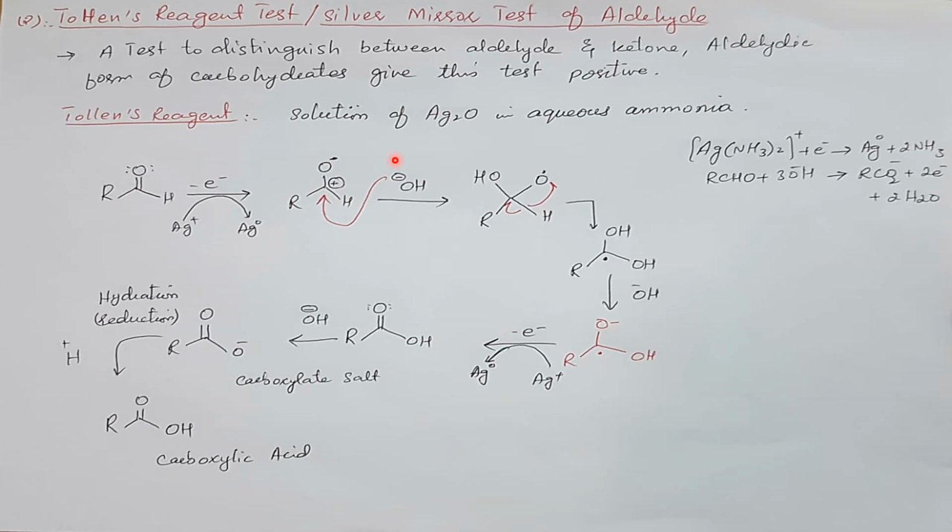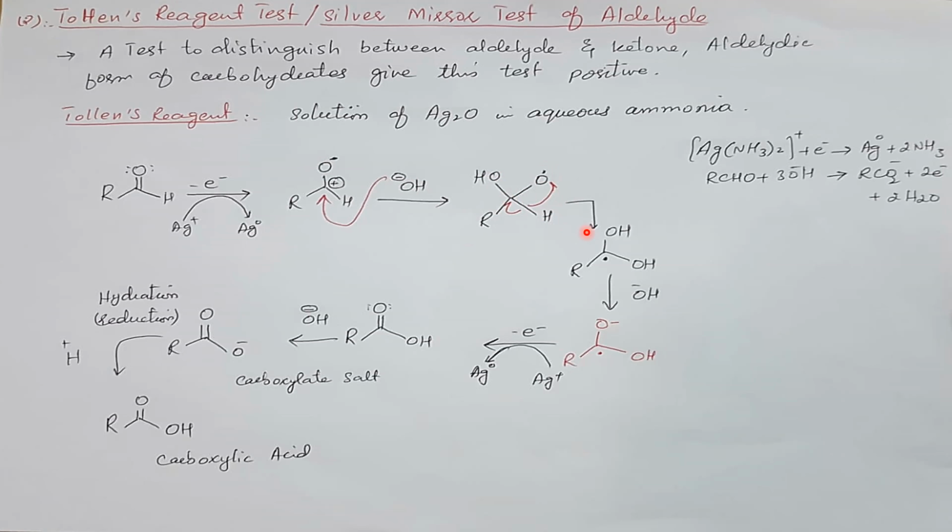We are using sodium hydroxide there. So now this will attack this electrophilic carbon center, and here this oxygen is the O radical, right? There is R, there is H, and this is the OH which gets attached on this carbon.